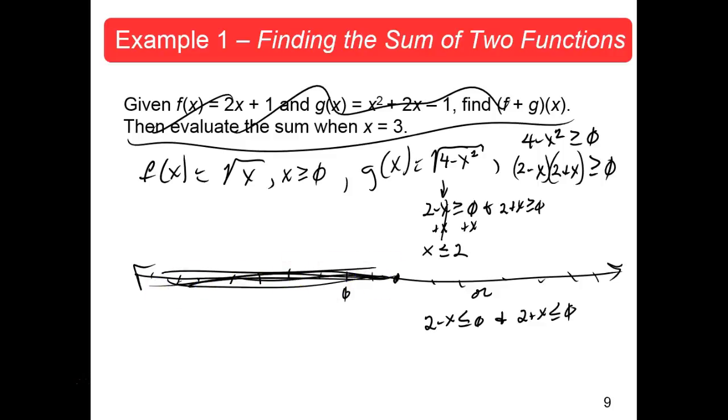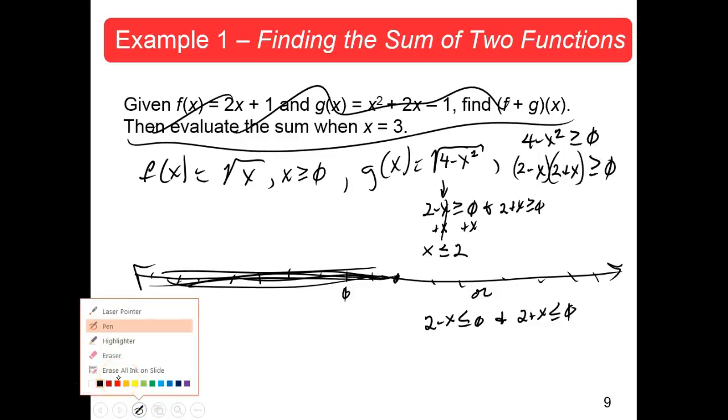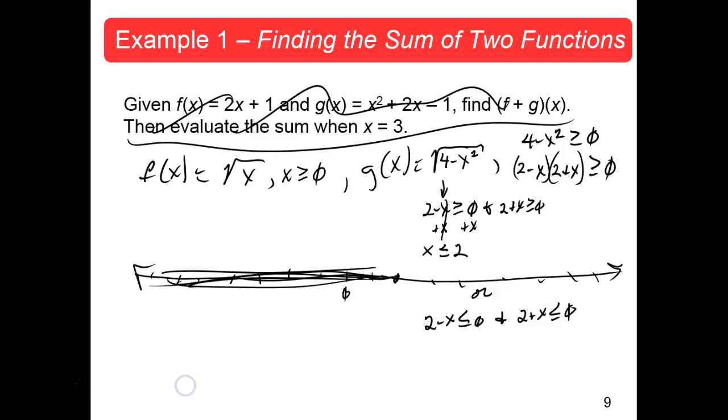All right. Let's go with a new color. Pick your favorite color. Not black. Second, purple. Okay? All right. So let's do the second one here. How do we solve that inequality? This one right here.